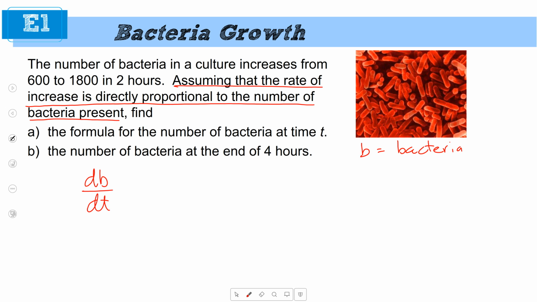The rate of increase of the bacteria, dB, with respect to time, dt, is not equal to, sorry, is directly proportional to the number of bacteria, kb. Does that make sense? Okay, and I'll put a note in here. Up here, proportionality constant. There, okay.